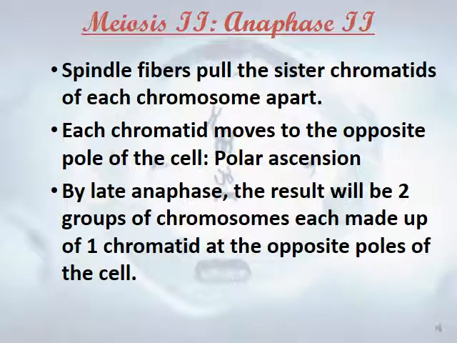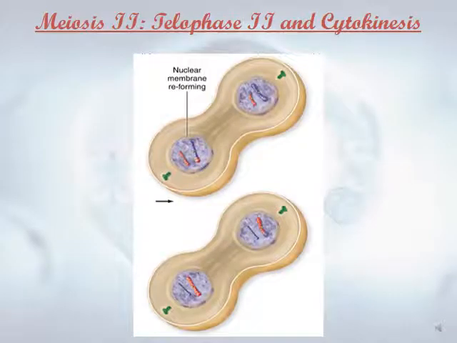Late anaphase, the result will be two groups of chromosomes, each made up of one chromatid at the opposite poles of the cell. Telophase 2 and cytokinesis.